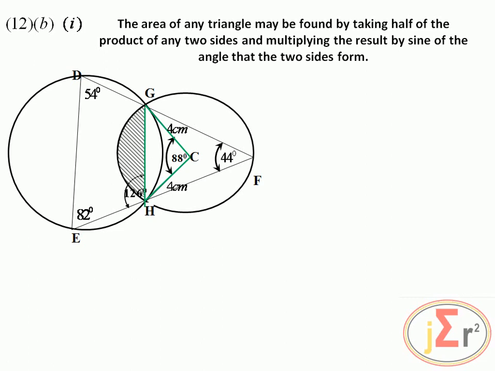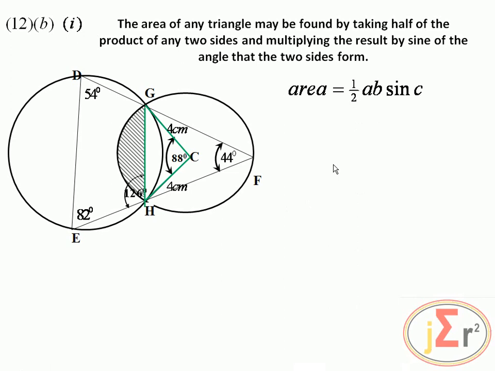As long as we have two sides, any two sides of a triangle, and we have the angle that those two sides form, then we may go straight ahead and find the area, because the area will be related to the two sides that we know and the angle that those two sides form.